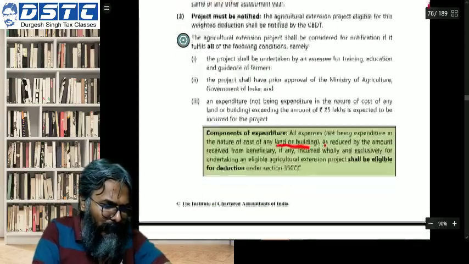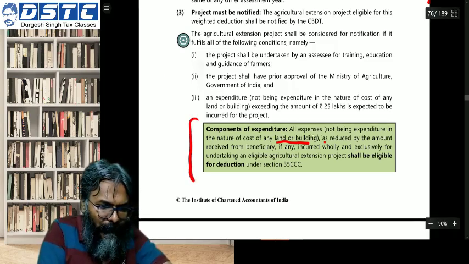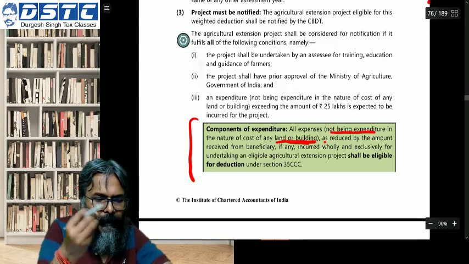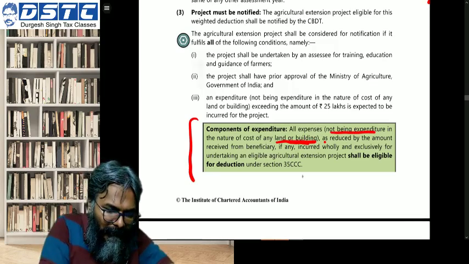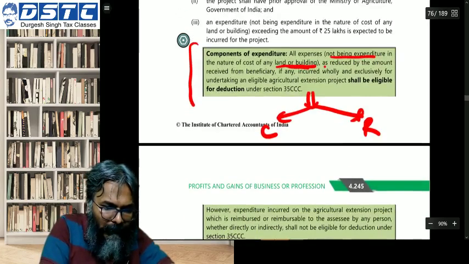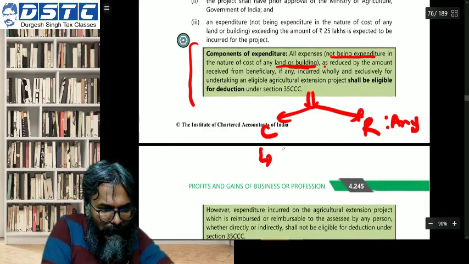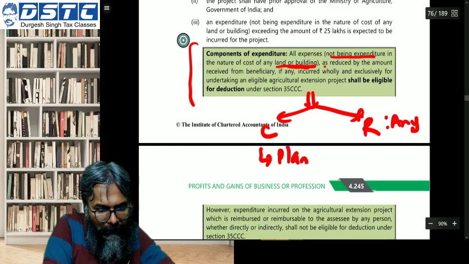Then, after the component of expenditure, herein any expenditure except for what? Except for land and building. So what about plant? Yes. So herein, for capital and for revenue: for revenue, any; for capital, primarily plant and furniture.